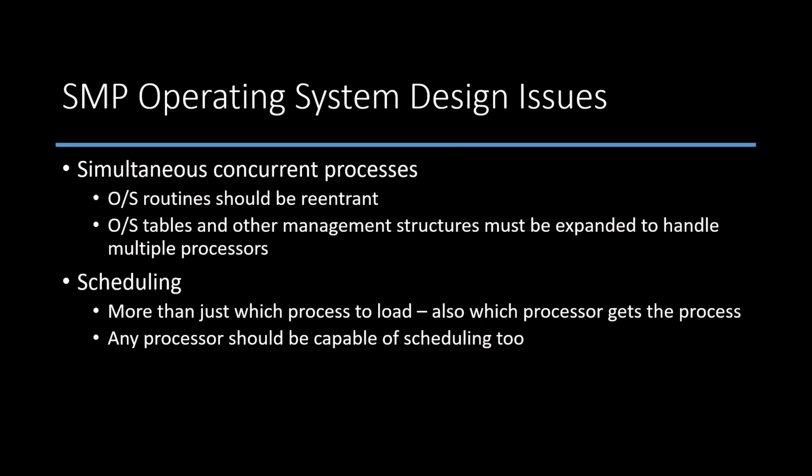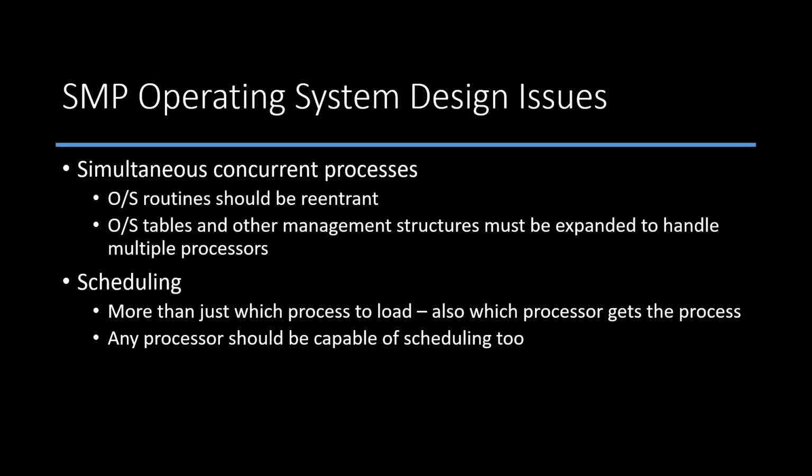Now, some of the things that are required, because there are multiple processors that are calling multiple operating system functions, the routines, in order to save memory, we don't want to load a copy of an operating system routine for each one of the cores. We want to have one copy. But those copies need to be reentrant.